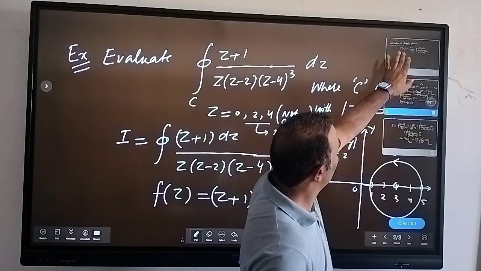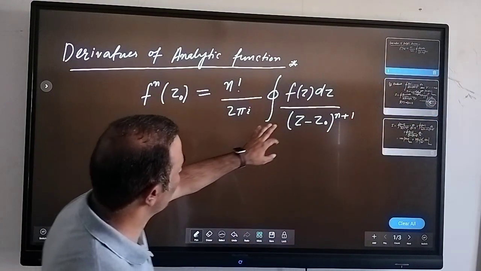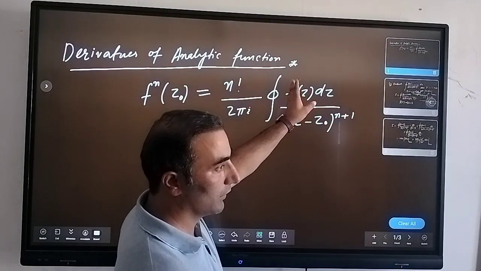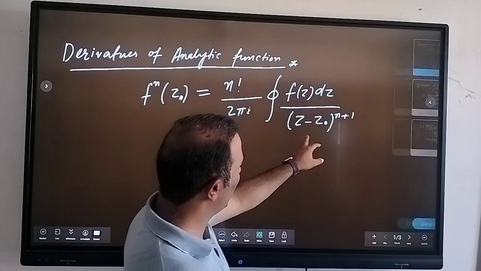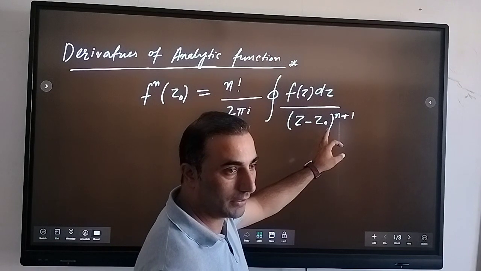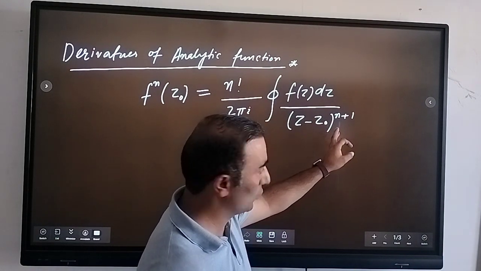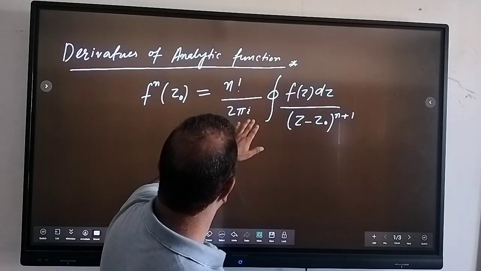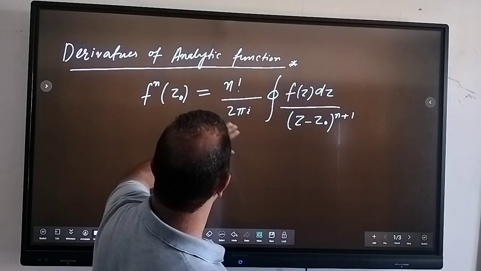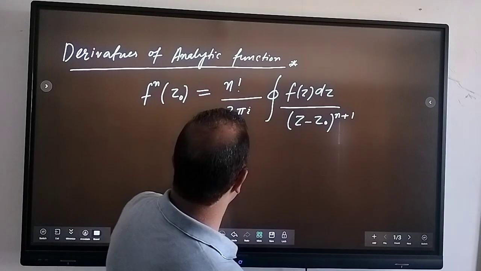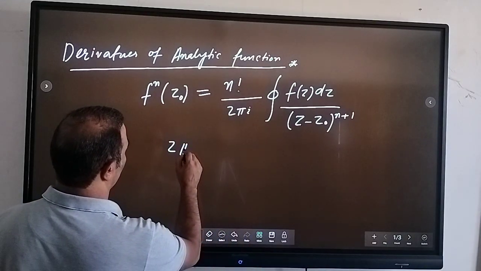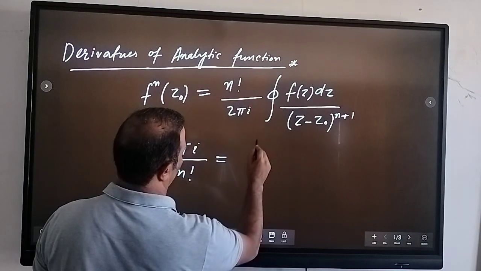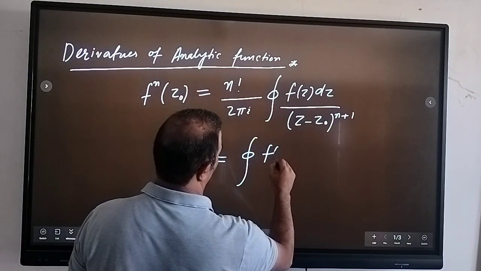Just check here. Here the first integral is this, right? That was some f of z, so in place of f of z I wrote z plus 1, the whole thing. First you check the analyticity, because it is not analytic at z equal to 2, so you put z minus 2. You can take 2 pi i to the right hand side. So this will be 2 pi i upon n factorial f of z.